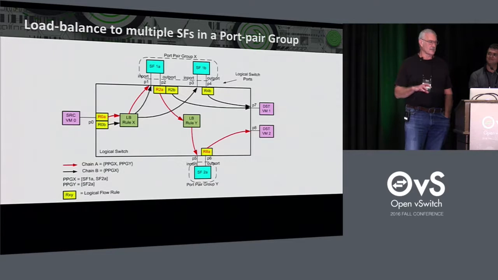So we could then load balance to a set of input ports for a number of different service functions. And essentially what we show here is the two different chains, each one of them allowing the load balancing operations to occur across those two service functions.